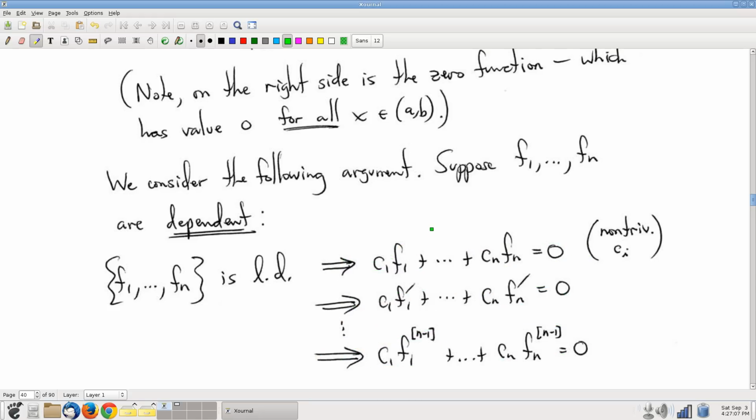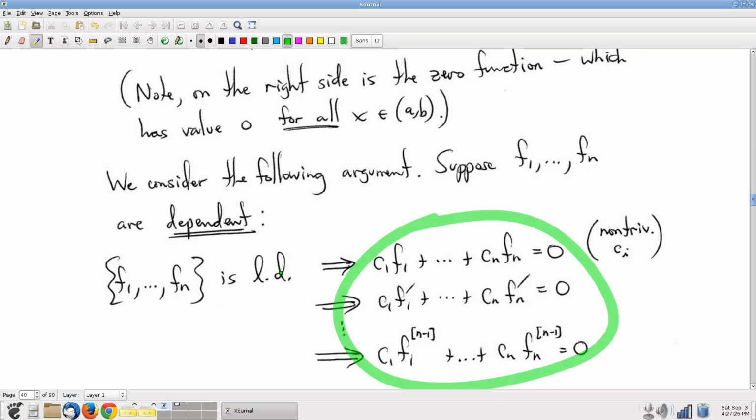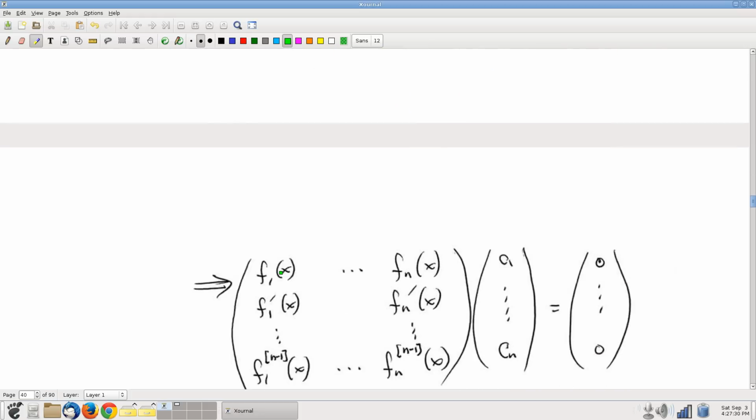Grand total of n equations, because I started with what you might call the 0th derivative. So stopping at the n-1 derivative, grand total, that gives me n. And you can view this as kind of a system of equations where the variables are C1 through Cn. That's a point of view that you could take on this algebra here. And that's how we're going to rewrite it.